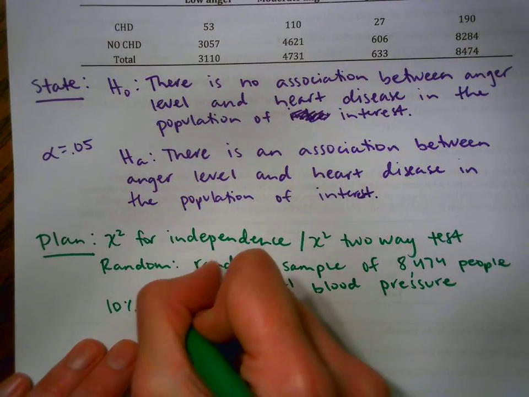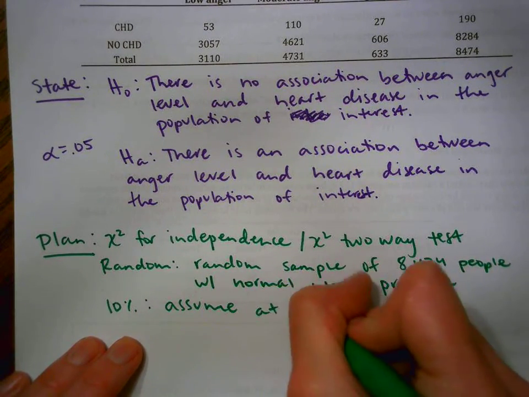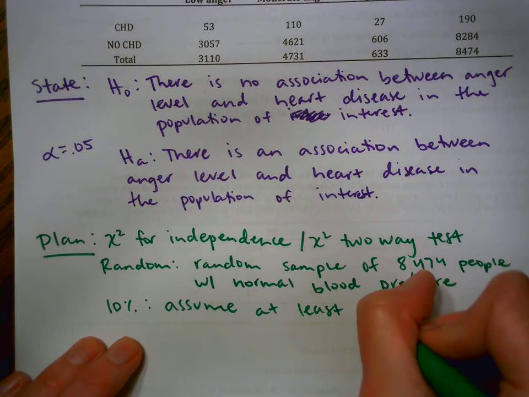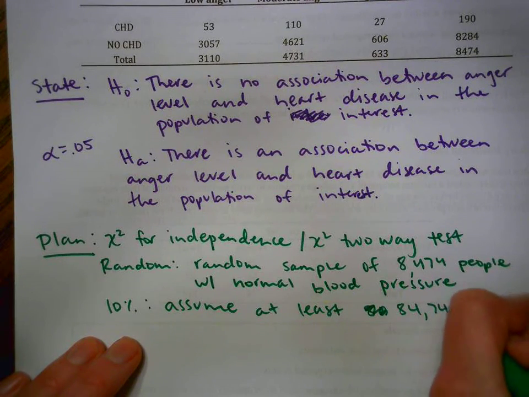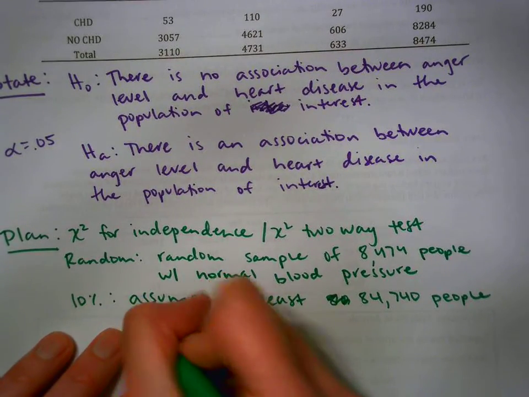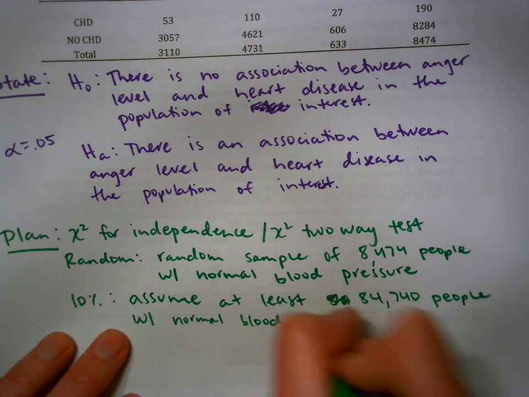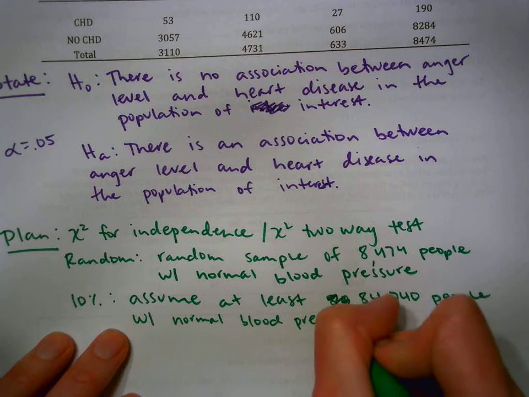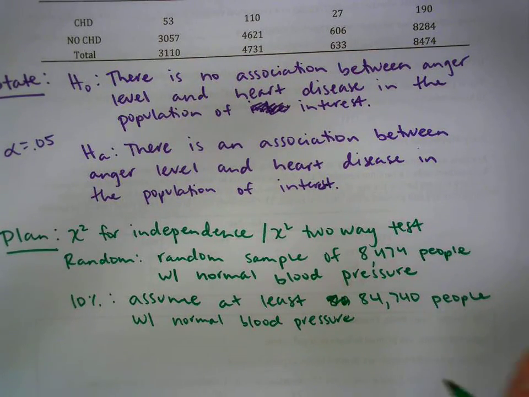So assume at least 84,740 people. You could just say in population. I'll be specific with normal blood pressure.